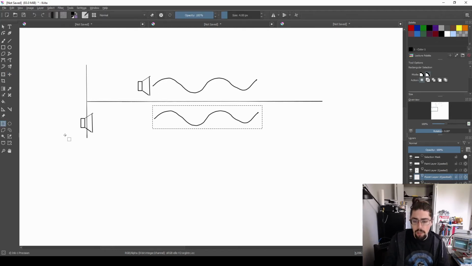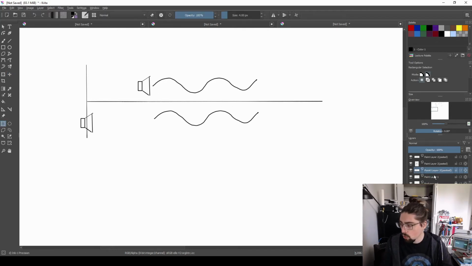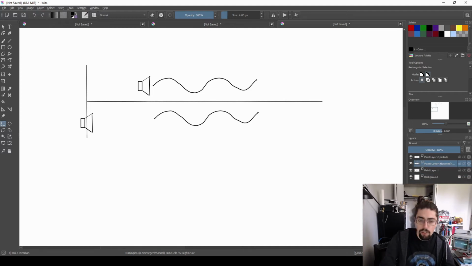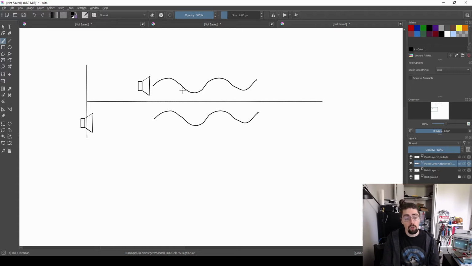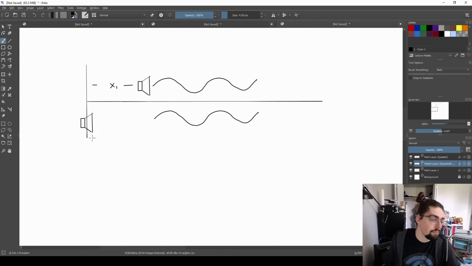So, let's take a minute to think about what that just means, because really what we're looking at is that there is some sort of mystery going on. Whatever's going on right here, I don't know what this looks like. I don't know what the wave looks like coming out of the speaker. I don't know what's going on in between these two. I do know, though, that at least at this point right here, these two waves should line up exactly. And now this distance that we've got here, x1, is the distance between these two.